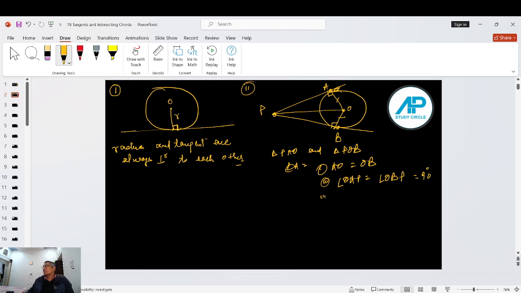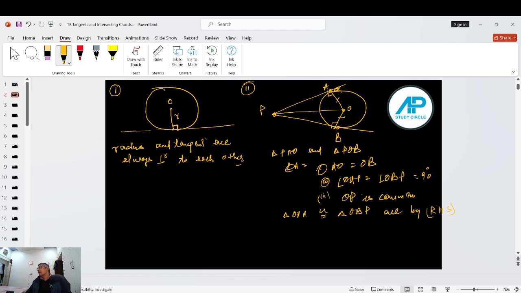And the third point is that OP is common. So triangles OPA and OBP are congruent by, say what, we got a right angle and a hypotenuse and one side.